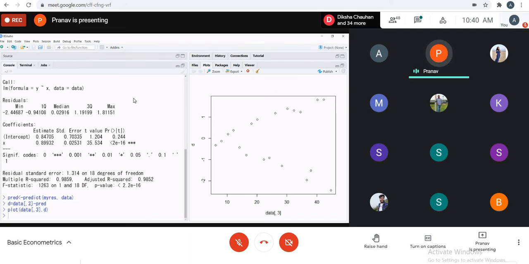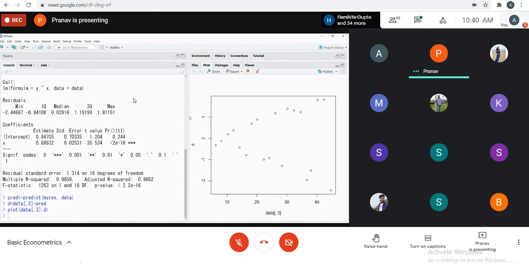It will take the second column observations of the data set minus the predicted values. And then we plotted the explanatory variable on the x-axis and the residuals on the y-axis.